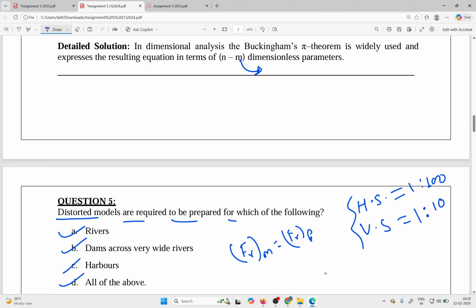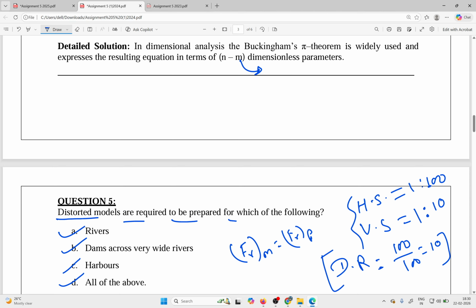Not completely your model is a similar model, or the dynamic similarity, that does not follow all the similarities. So one thing you also should know, please, the distortion ratio is how much? Horizontal by vertical, so 100 by 10 means the distortion ratio here is 10.